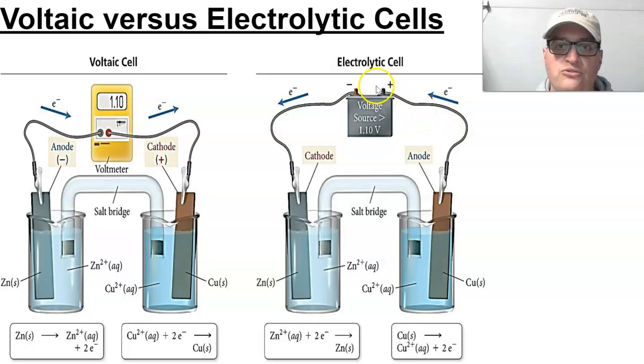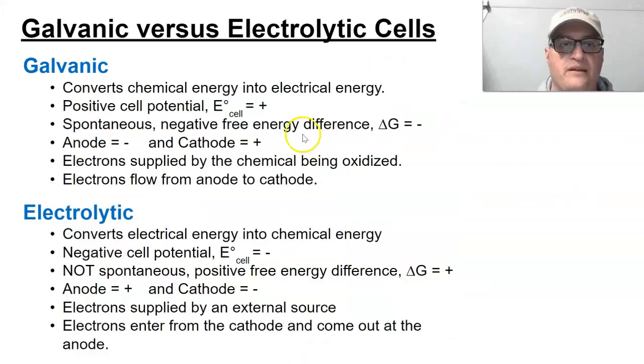Those are drawn to the positive end, right? Negatives are drawn to positive. This is the source of electrons in the battery. That's going to be attracted by the cathode, which is positively charged. You can see at the anode, you have an oxidation and you have a reduction at the cathode in electrolytic. Everything's just reversed because, again, the flow of electrons is reversed.